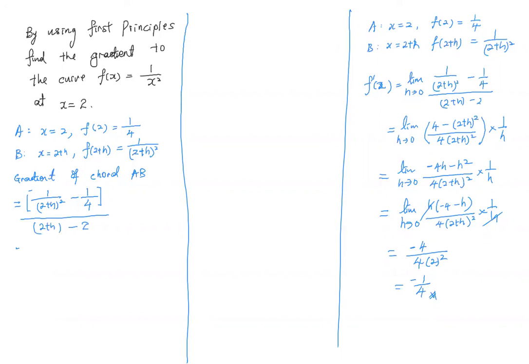So I get 1 over 2 plus h squared, take away 1 over 4. This one, you got 1 over h, am I right? You can write it like that if you want to. So now, make it to a single fraction. You remember cross multiply.